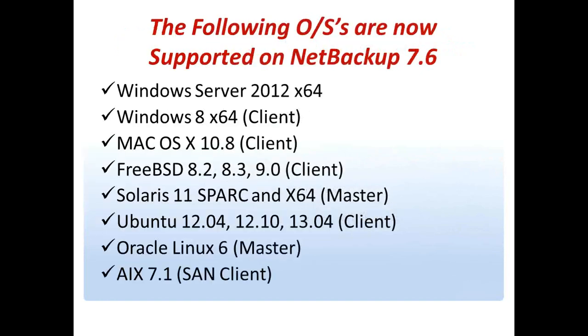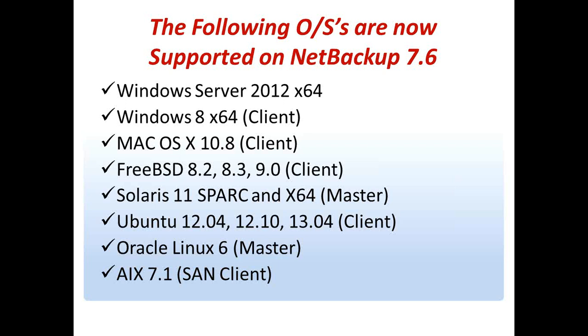So with that, we'll start with the basics. We'll start with what's supported and what's not supported now within NetBackup 7.6 as far as platforms are concerned. As you can see from this list here, Windows Server 2012 x64 is supported. Windows 8 x64 is supported as a client.